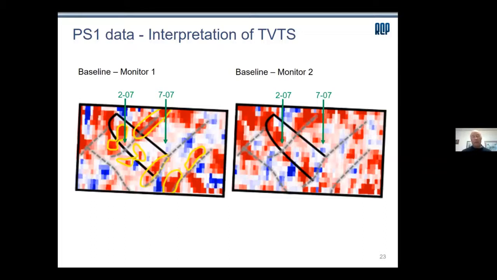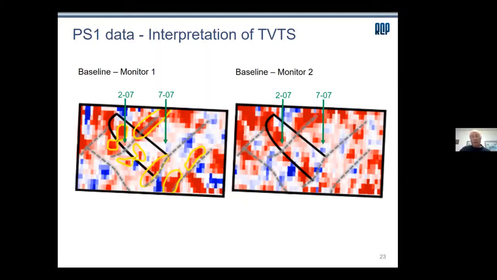And again, there are changes around this area. So one of the questions is what's real and what isn't, especially if we're dealing with the same kind of magnitudes of change. Are we truly transmitting stresses over these large distances or not? And that question still perhaps needs to be addressed.